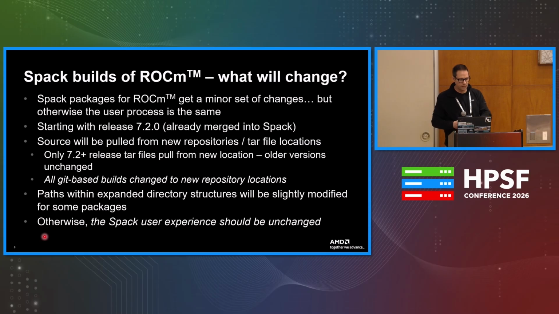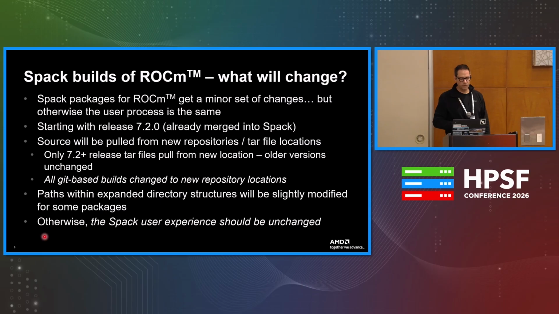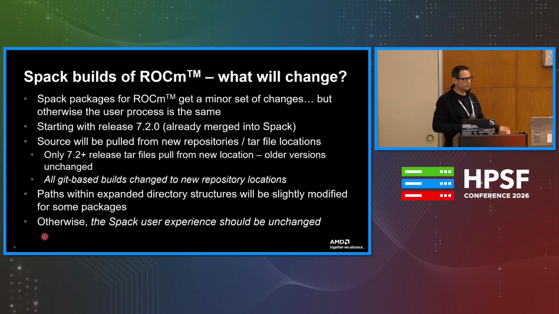So you're probably saying, great, that's all the changes for the ROC, and so this is a Spack presentation. So how is this relevant to Spack? Well, the Spack packages for ROCm are going to get a minor set of changes, but otherwise the user experience should more or less be the same. Starting with release 7.2, which is already out and already merged into Spack develop, the source is going to be pulled from new repositories or new tar file locations.